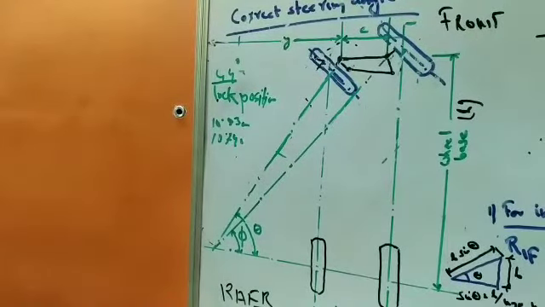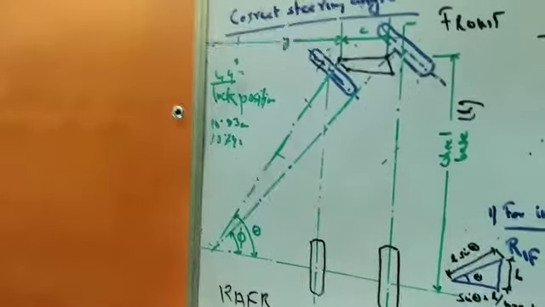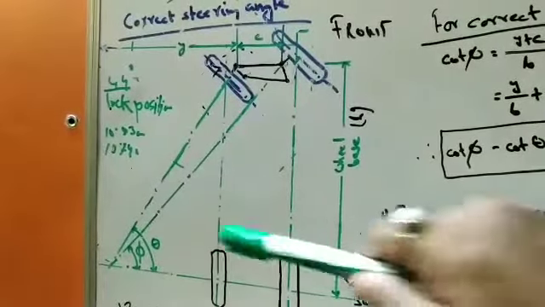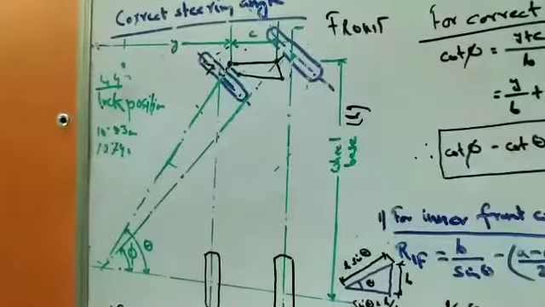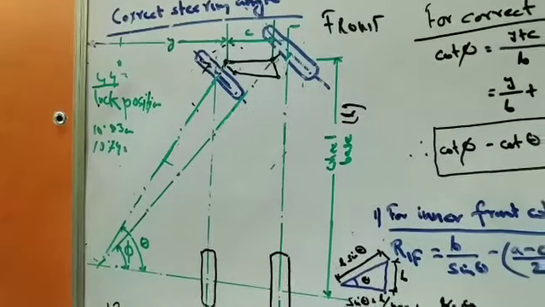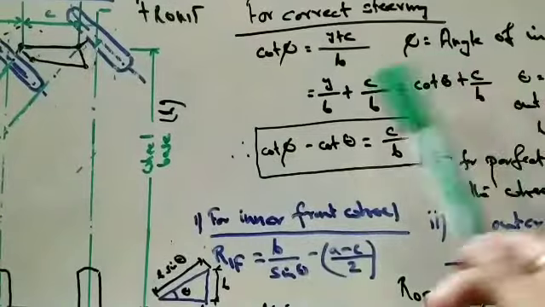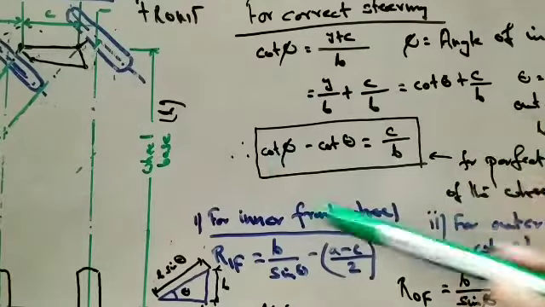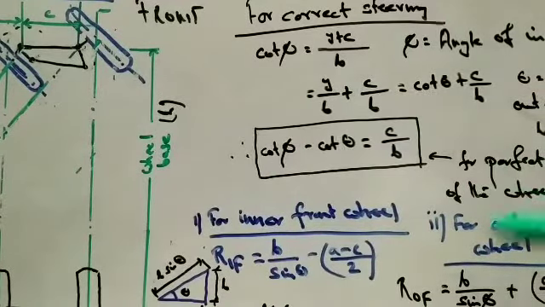This cot theta is the angle of the outside block, the maximum locking angle for the outside wheel. If we transfer this, cot phi minus cot theta is equal to c by b. This is the condition for perfect rolling of the wheels, where phi is the angle of the inside lock and theta is the angle of the outside lock.